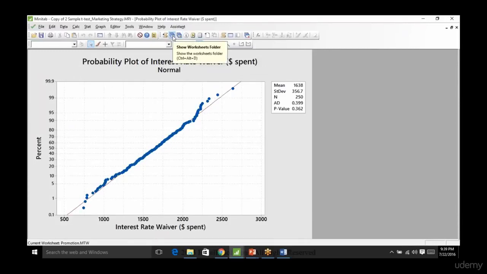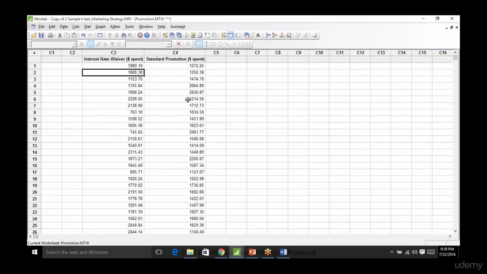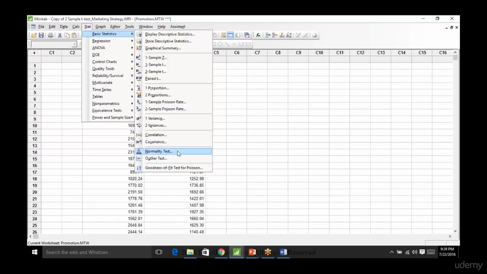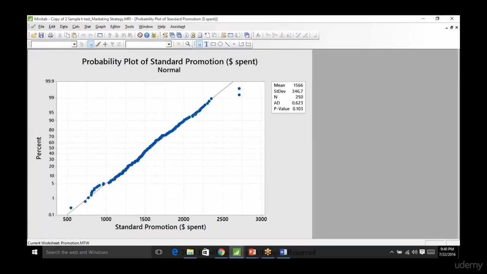If you click on this, you'll go back to the worksheet. We also need to test whether the purchases made because of standard promotion follow normal distribution or not. So I once again go to Stat, Basic Statistics, Normality Test. This time I'm going to select standard promotion and click on OK. Once again it is extremely clear that data follows normal distribution because all of these data points fall along the line.